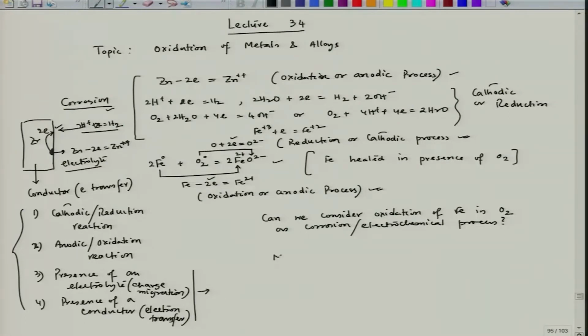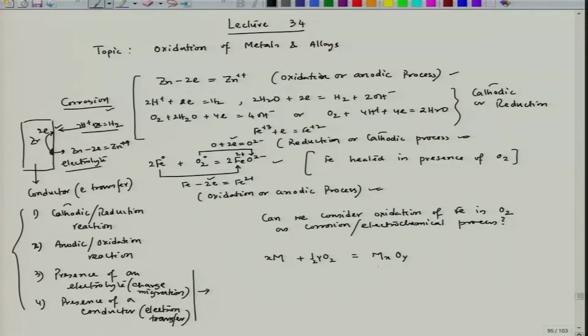So, any metal, if I consider M, it can react with O2, it can form MxOy, where the oxygen would be half y and x. So, this is the balanced condition.